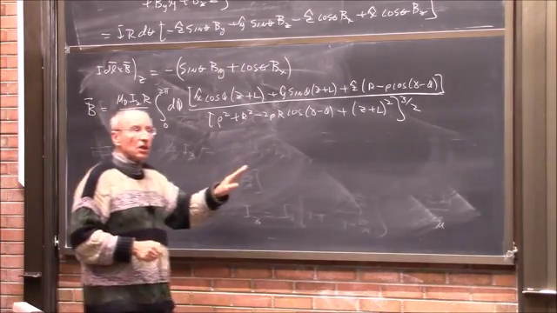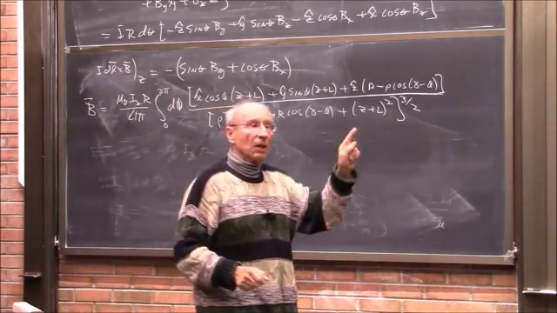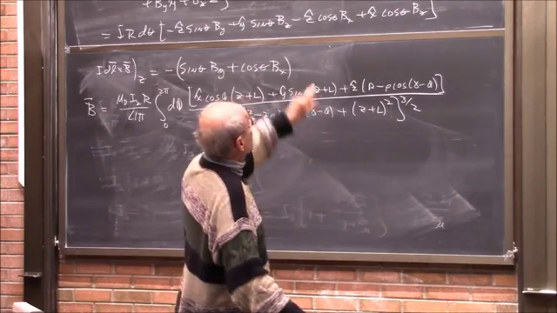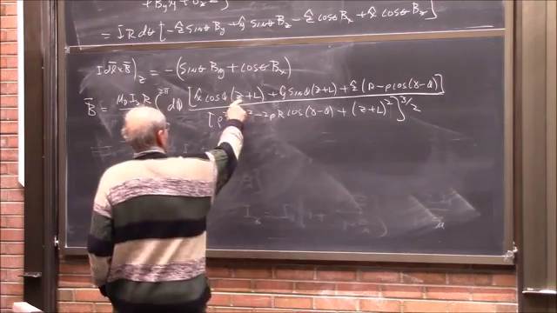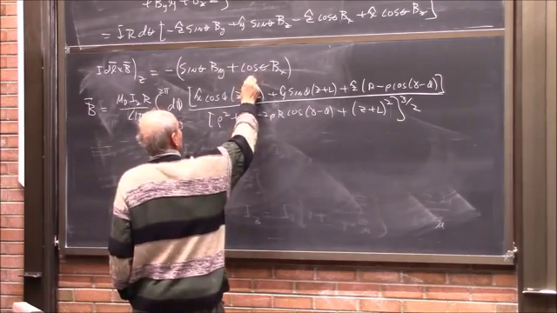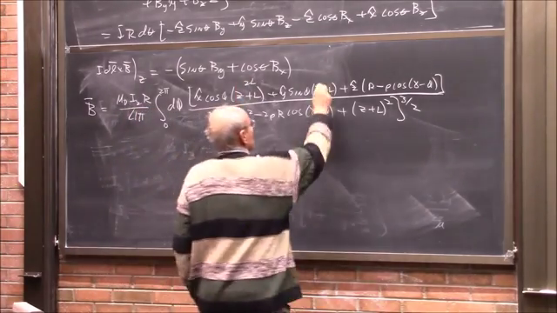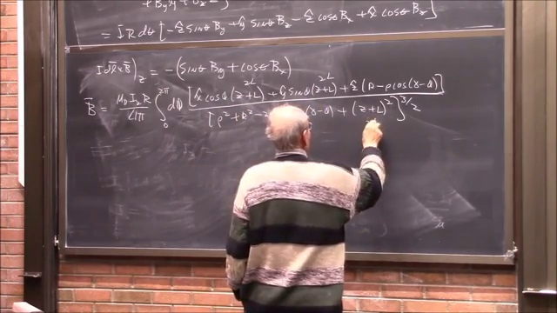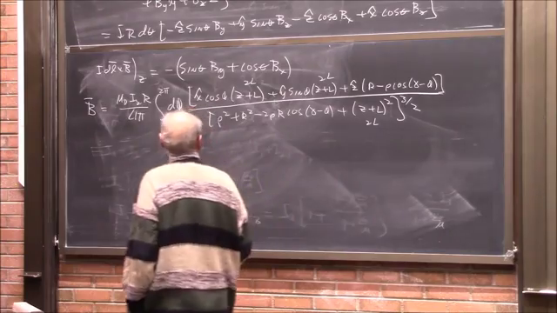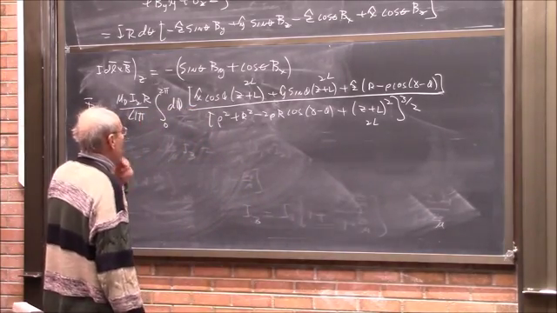Now in our case, z is plus L, because that's the location of that upper current. So this becomes 2L. This becomes 2L. And this becomes 2L. Okay?